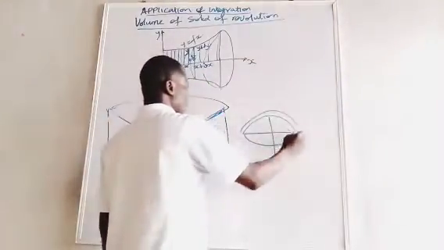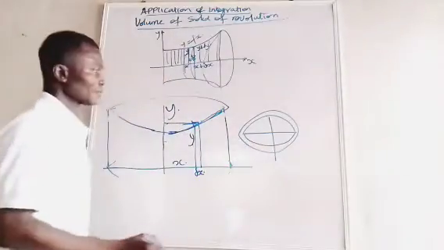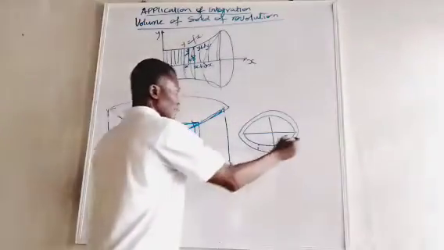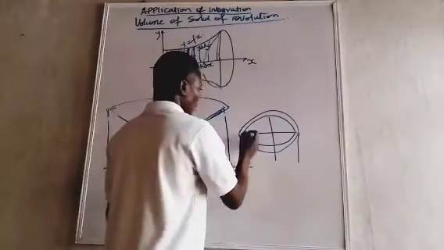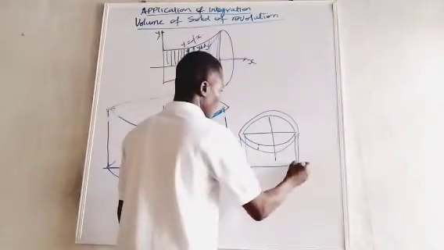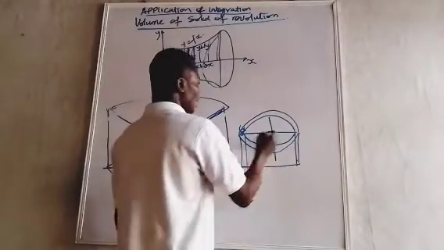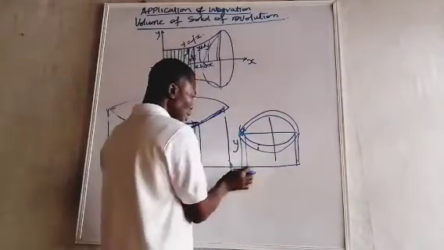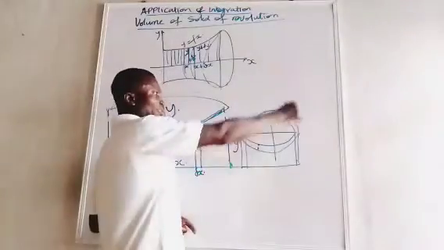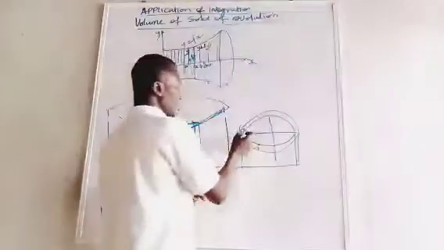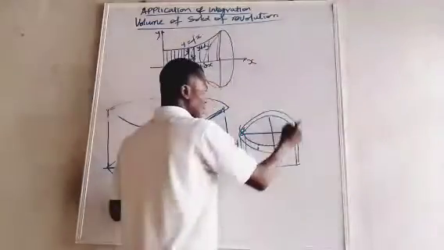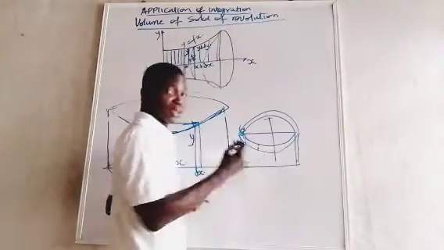Now if you look at this, let's take this elemental strip like this. This place is delta x and this place is y. For the volume of this small part, when it is rotated, let's talk about the length of this part. Because it's very small, you can take it like this.